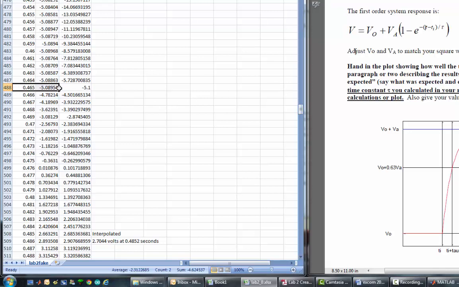So here's the portion where it's trying to follow the theory. Here's the portion before ti. So I'm going to graph all of these and I'll show you what it looks like.